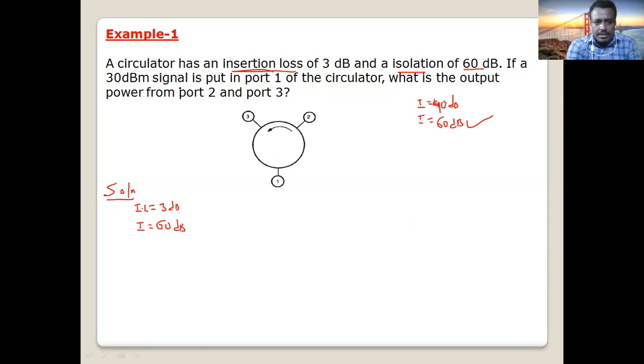What were we asked? If a 30 dBm signal is put to port 1, now P1 is how much? 30 dBm signal. You know, dBm is a unit of power. So 30 dBm applied here at port 1. 30 dBm.